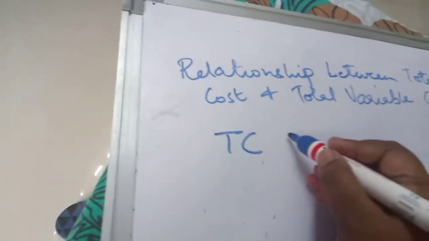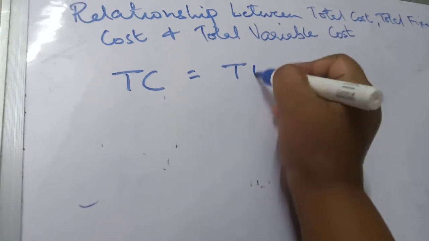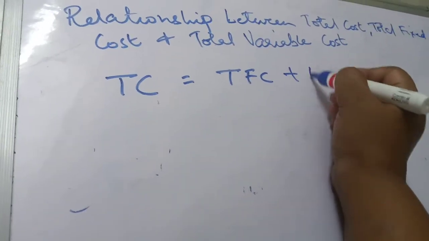Total cost is equal to total fixed cost plus total variable cost.